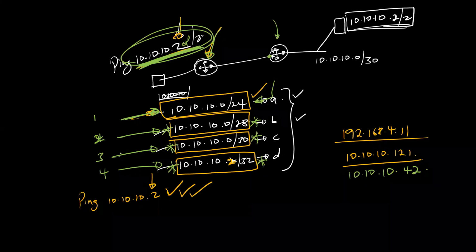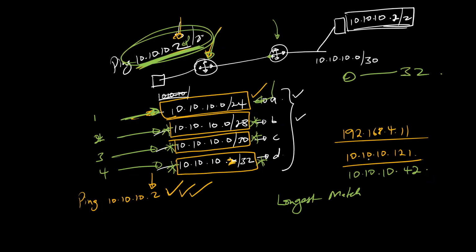Now in this case, the router will select the route with the longest match. The match goes from 0 all the way up to 32. Are we together? So in this case, it will select the 4th route.